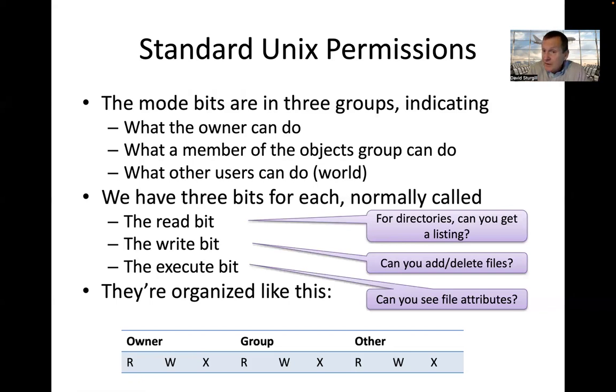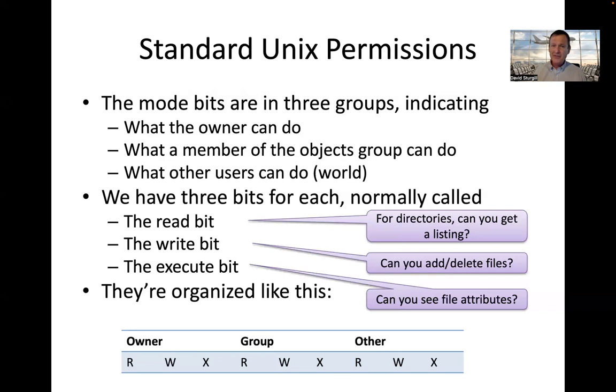The write bit says whether or not you can modify that directory. So can you add or remove stuff in that directory? And the execute bit means, can you see attributes of stuff in that directory?